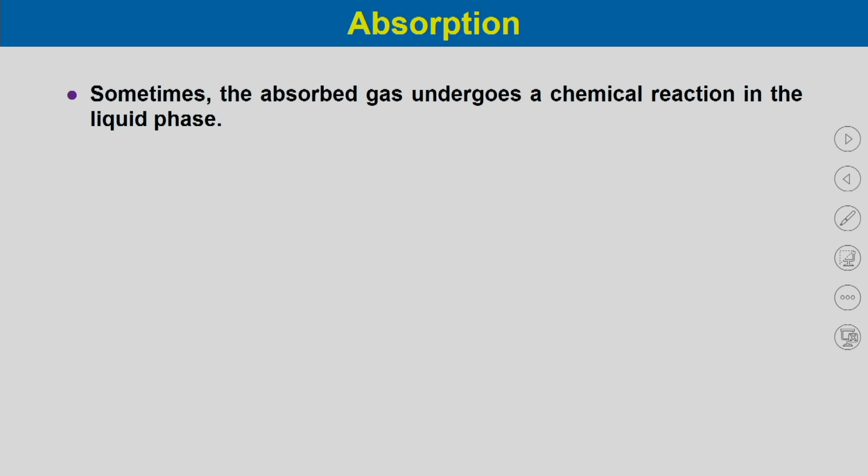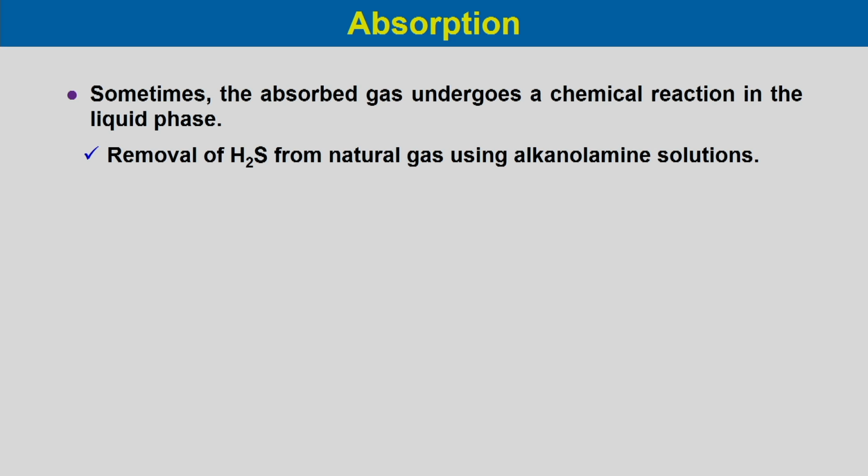Sometimes the absorbed gas undergoes a chemical reaction in the liquid phase. As we discussed in the earlier example, hydrogen sulfide is removed from natural gas using alkanolamines. These have an amine functional group, like monoethanolamine, diethanolamine, and different ethanolamines.